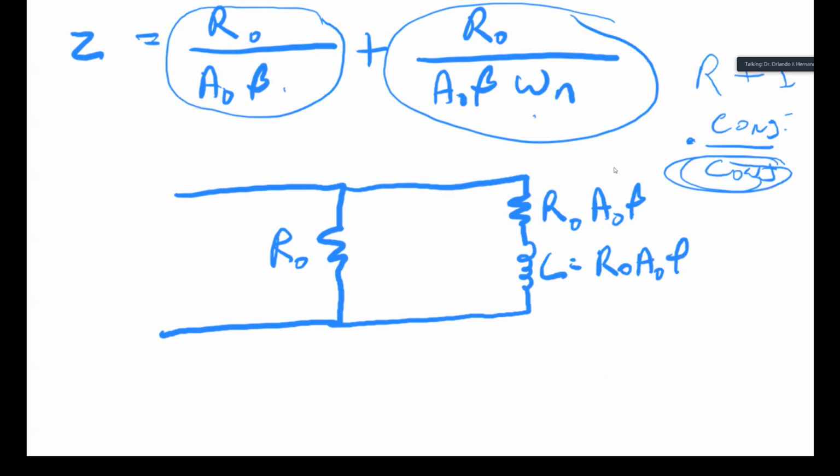Now the impedance of the inductor, of course, is going to be j omega L. So that's what you're going to end up with. But we're just saying what is the value of the inductor. Okay.